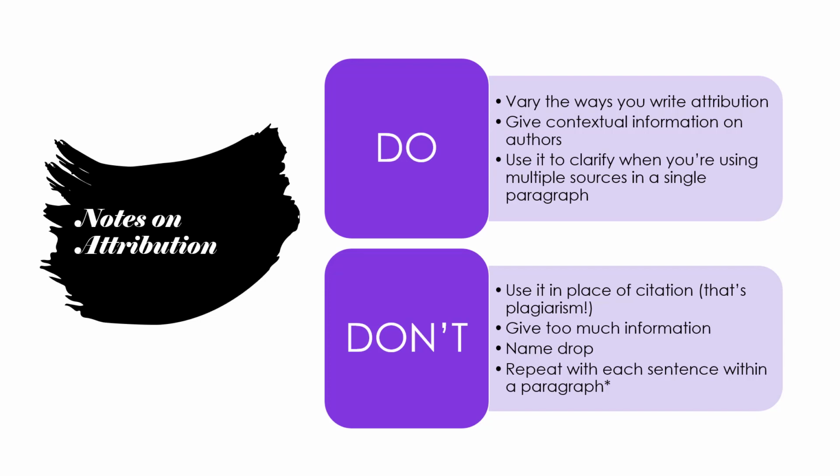Do give contextual information on the authors, all right? Unless the authors are super well known, like former President Barack Obama. Okay, we know that name. We know who he is. We know what he's probably credible about and what he's not. So that's one that we probably would not have to give contextual information for. But what if you say Smithley and Jones?